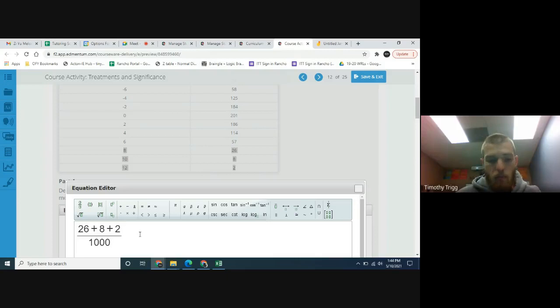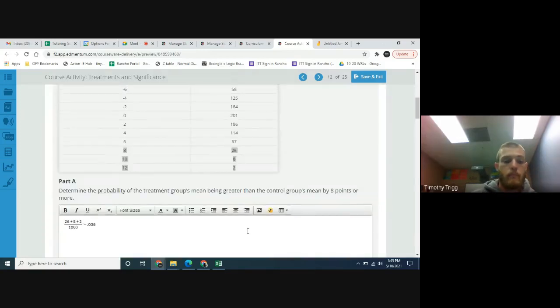A lot of times we want our probabilities as a decimal. So 26 plus 8 plus 2, 36 divided by 1,000, is 0.036. As a percentage, that's 3.6%.